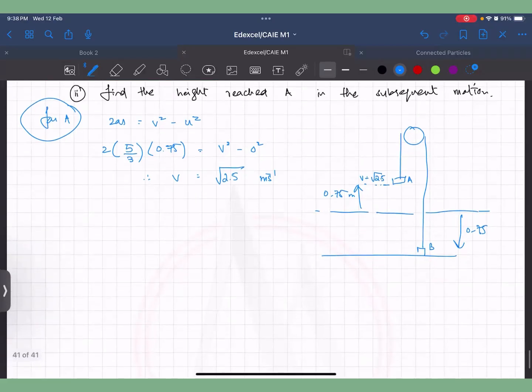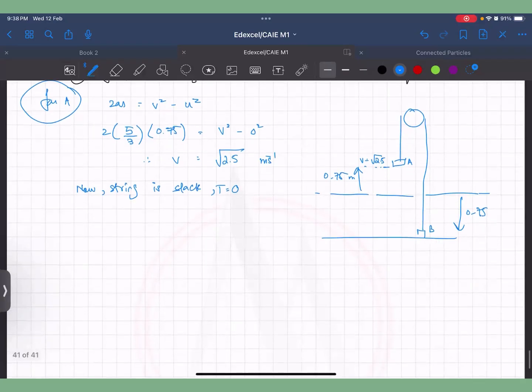Now the string would become slack. After this point, the string is slack. Tension would become 0. So the acceleration will now only be due to gravity, which would be downwards, g, negative 10 meters per second squared, because now it would be moving in free fall motion, you can say. So now we want to find how much more it can go above, up to the maximum height.